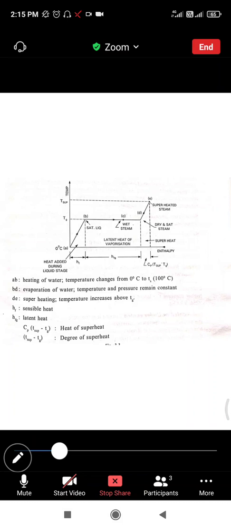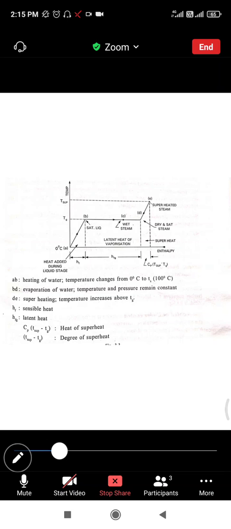For water at atmospheric pressure, 1.013 bar, saturation temperature is 100 degrees, and at 10 bar it is 179.9 degrees. Thus at high pressure the saturation temperature is higher, as I already said in the formation of steam.